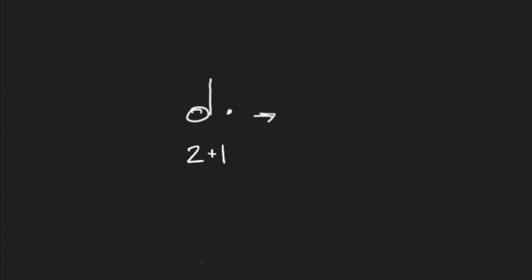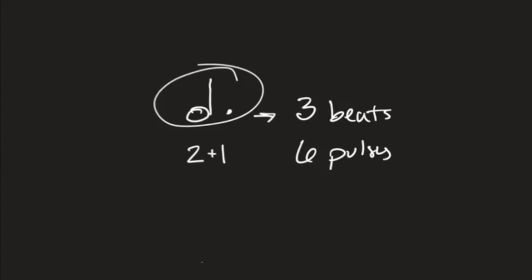That means a dotted half note would get 3 beats and 6 pulses. So the dot can be applied to any of the notes or any of the rests that you guys see.